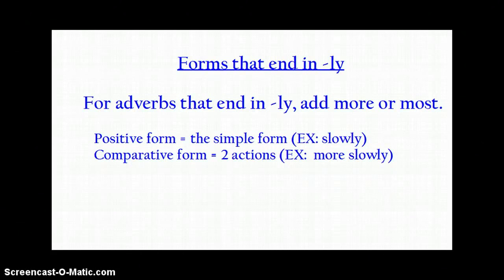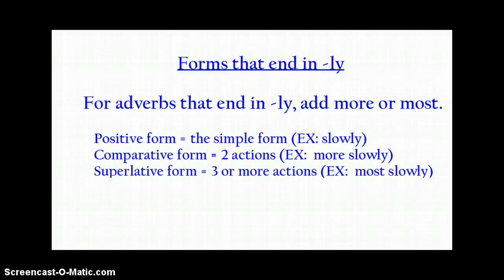If we're talking about two people, Bill talked more slowly than Jake. The superlative, three or more, John talked most slowly of all the kids in his class. So we're leaving the slowly the same and adding more and most depending on what form we're using.